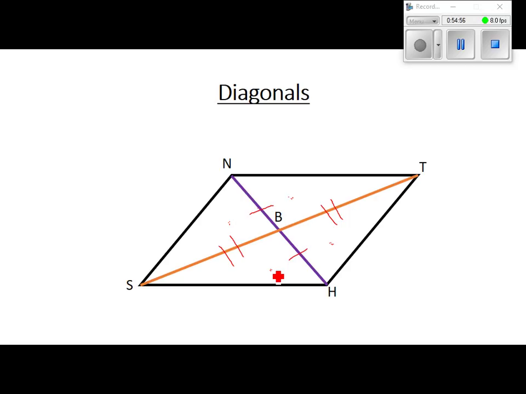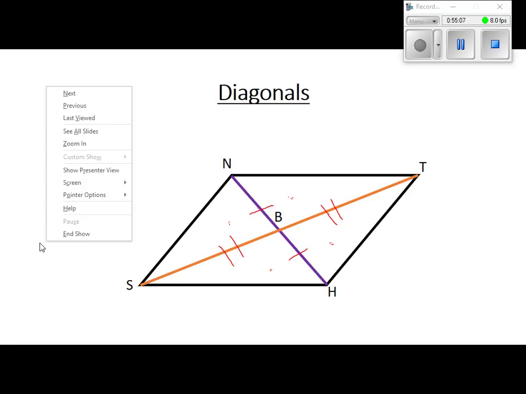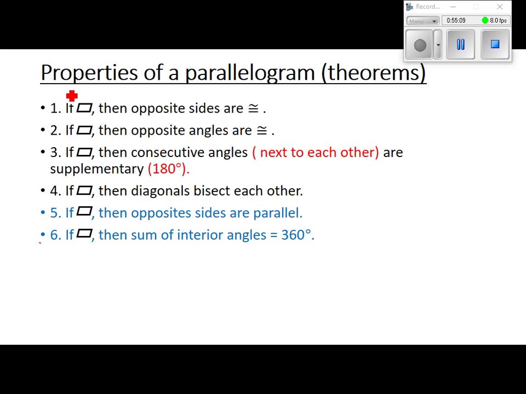Any parallelogram's diagonals bisect each other. Everybody pretty close on that one? These are all the properties of a parallelogram. They're actually theorems about a parallelogram, but they're also the properties. Notice every one of them starts off with: if you have a parallelogram. So write all those down.